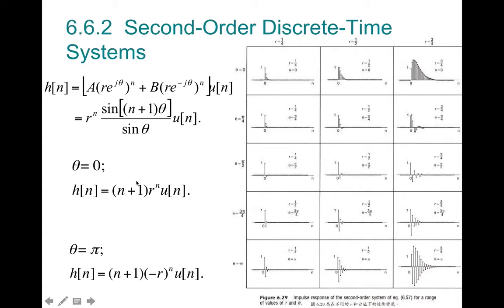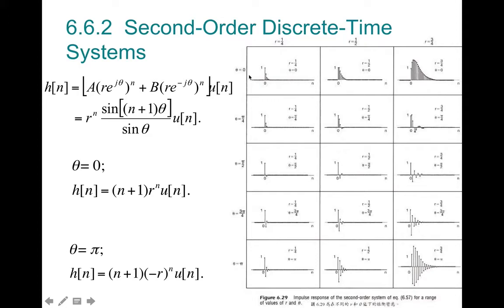When theta is equal to 0, the equation is this, and we have this monotonically increasing term n plus 1. We also have this monotonically decreasing term r to the power of n. That is because r must be in the range of 0 to 1, so when n increases, it will monotonically decrease.